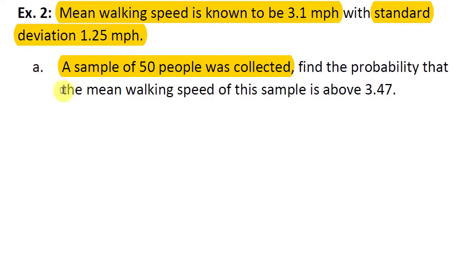In the beginning, as I already highlighted here, a sample of 50 people was collected, right after we saw this introduction. Now start thinking about this. Once we can collect a sample, anyone can collect a sample, then somebody else can collect a similar sample with the same sample size.